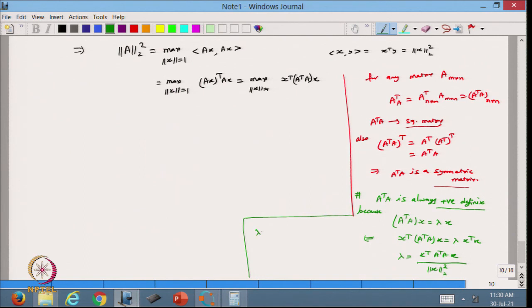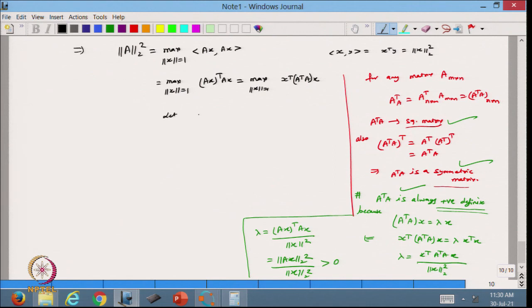Because it is always positive, this can be written as Ax transpose Ax, which is the norm of Ax squared. So, it is always positive, and if all the eigenvalues are positive, then we know that this is positive definite. So, this matrix satisfies all these conditions: it is a square matrix, a symmetric matrix, and always positive definite. These things we are defining here.